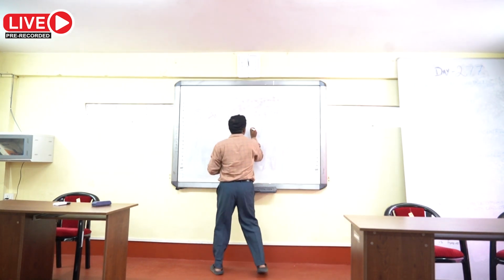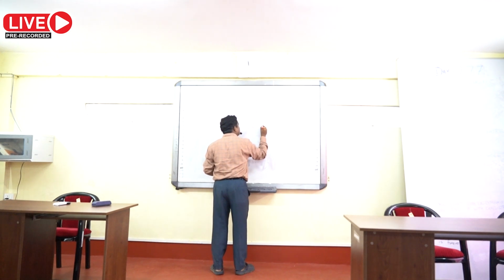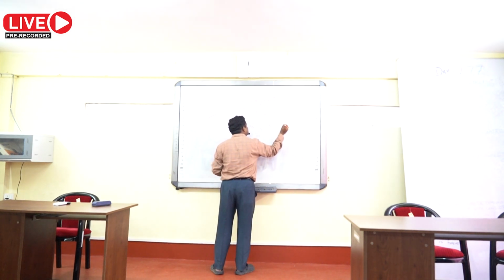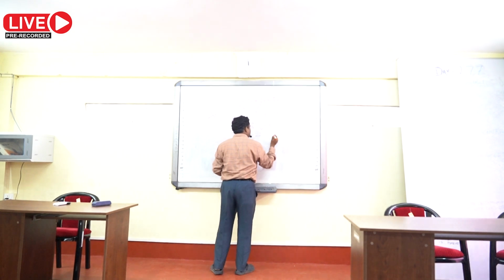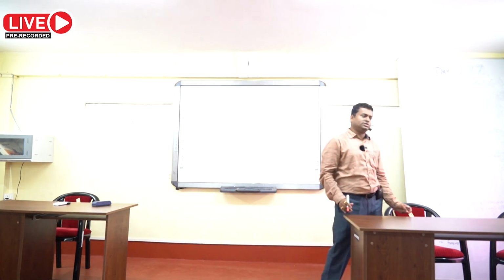Then I can write that magnitude of v3 will be root over of minus v by 3 whole square plus minus v by 3 whole square. So it will be root 2 v by 3. This is the magnitude.